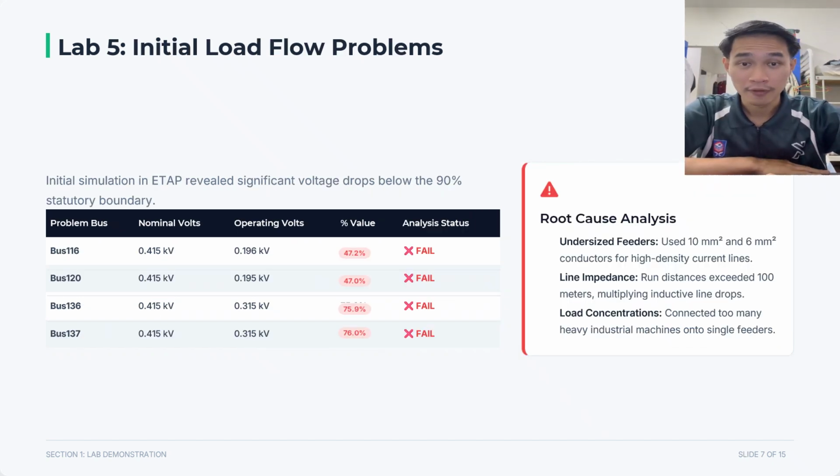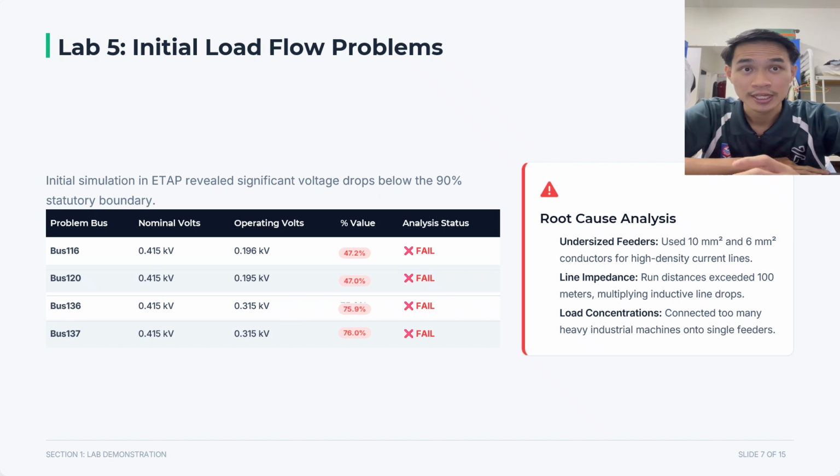Next is Lab 5. In Lab 5 we ran the initial load flow simulation. The requirement is that all buses must be above 90% voltage. However, we found several buses failed this requirement. Some of the buses were as low as 47% of nominal voltage. For example, bus 116 was at 47.2% and bus 120 was at 47%.